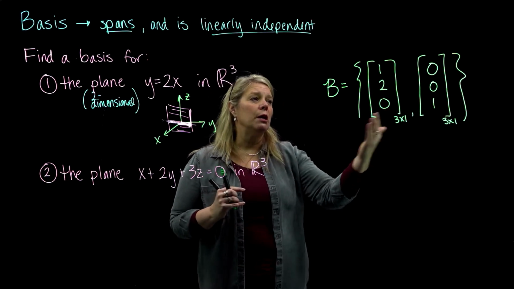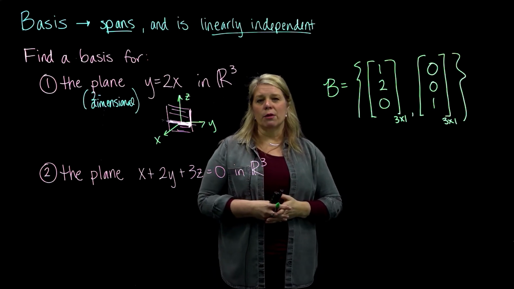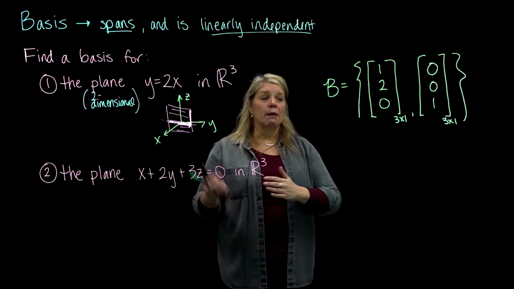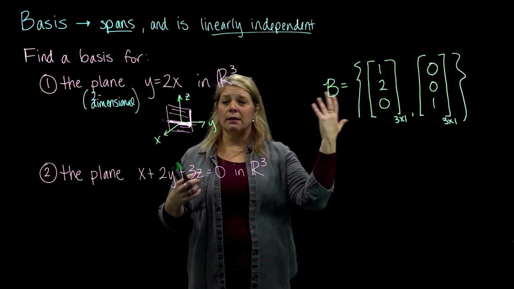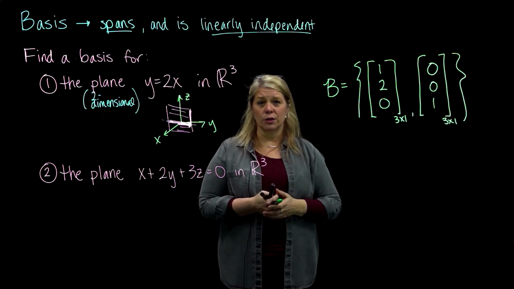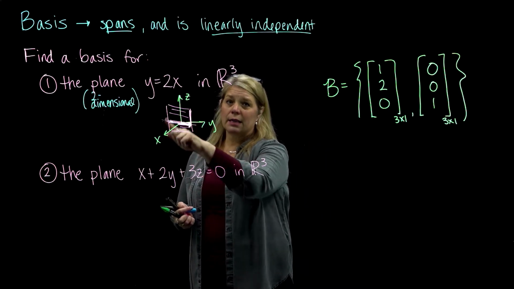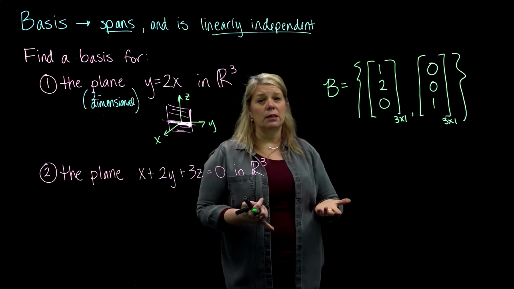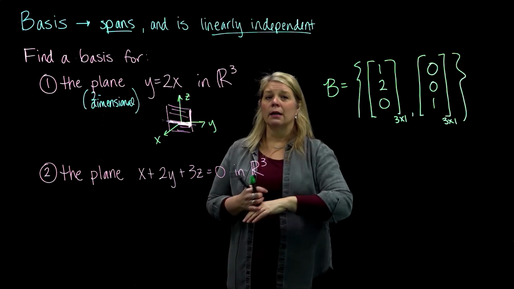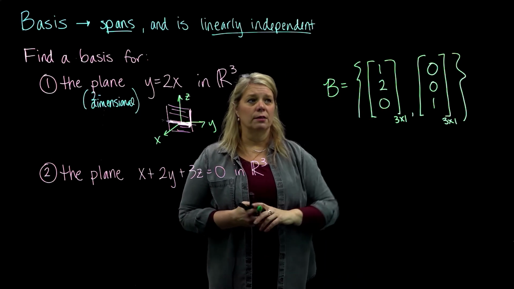These ones happen to be orthogonal, but you might learn a process for forcing them to be orthogonal if they're not already. But this is a simple basis that we could use to generate this plane. There are infinitely many other answers that I could give, but they all need to generate the entire plane. They all need to be linearly independent, and any answer I give should have 2 vectors in it.